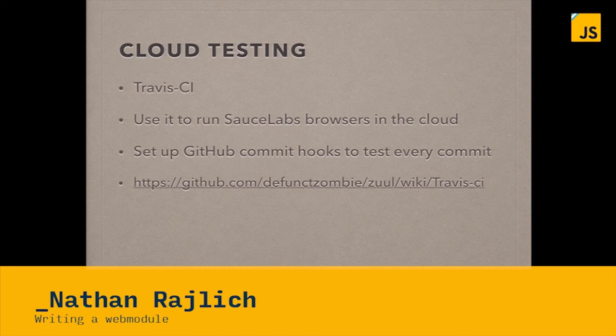The Zuul wiki has a good page on explaining how to set up Travis CI. But it basically involves creating a Sauce Labs account and Travis has a way of encrypting environment variables, so you can encrypt your username and your authentication key, and then it knows which repository you're accessing.